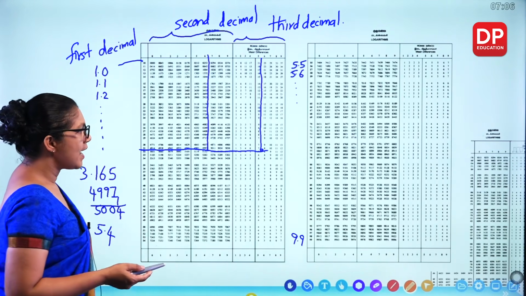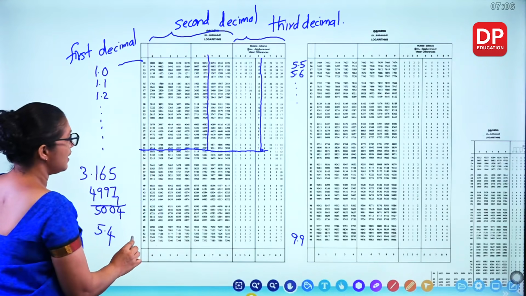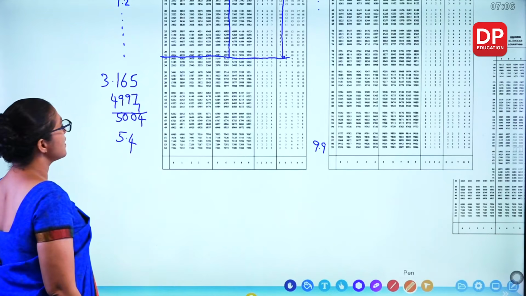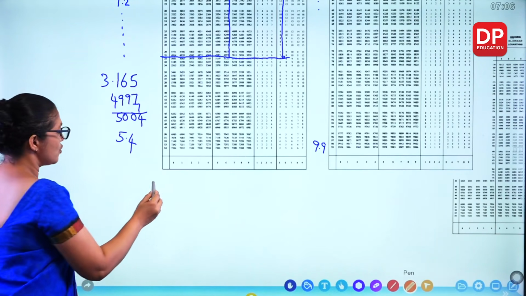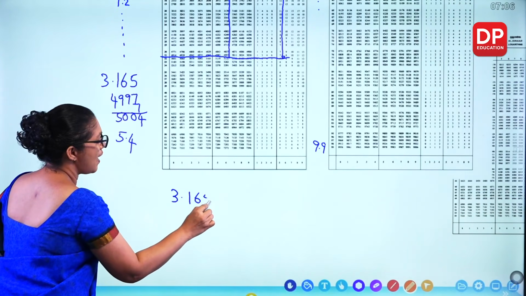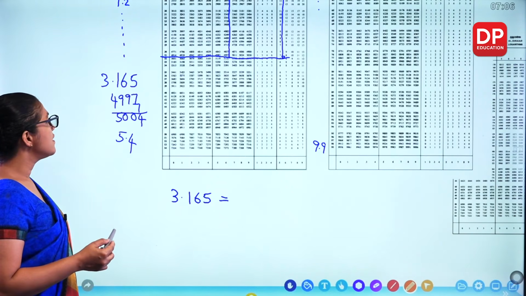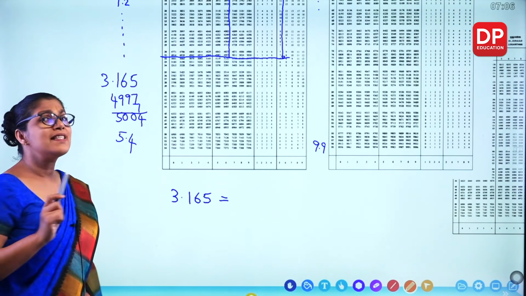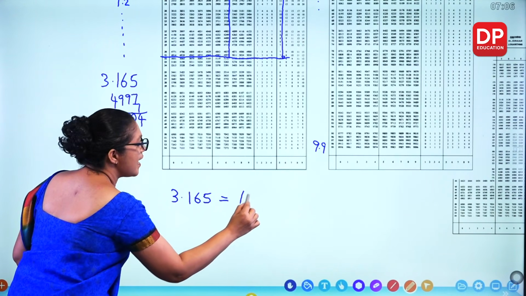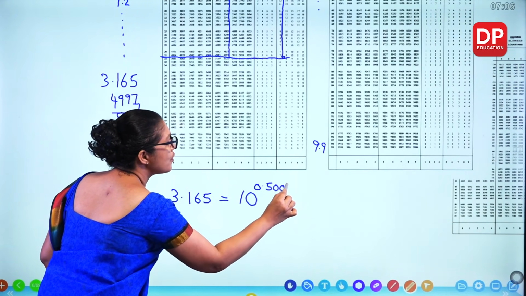So how can we write down the value? We found the log value is 5004. So if the number is 3.165, I can write down the logarithmic value as 5004. That means all these are decimals, not whole numbers. I can write this as 10 to the power 0.5004.